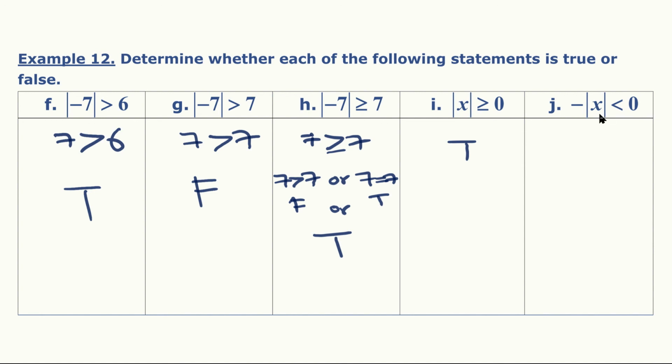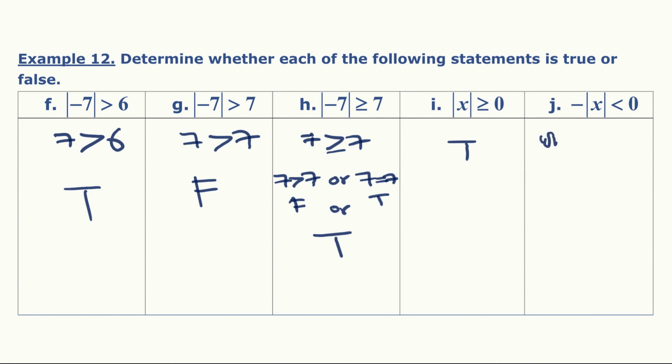Now, the only question is that going to be true for all real numbers? Well, these two aren't exactly the same, are they? This one says greater than or equal to, this one says less than. So because of the fact that the equal to is missing, this is going to end up being false because it won't work for 0.